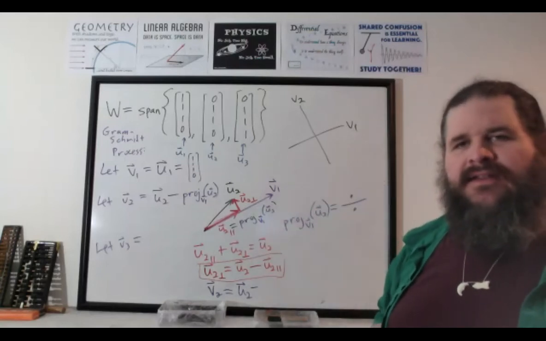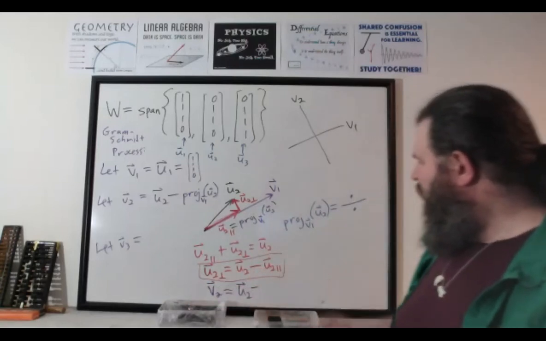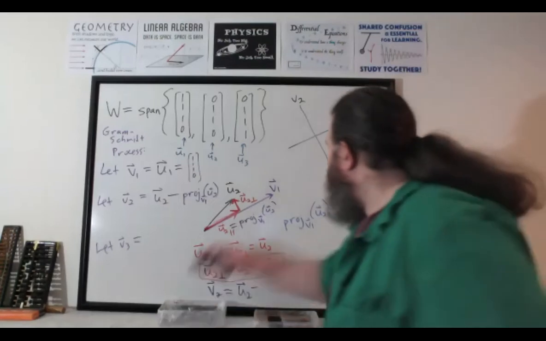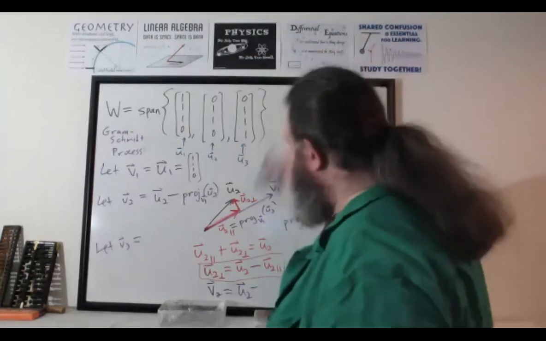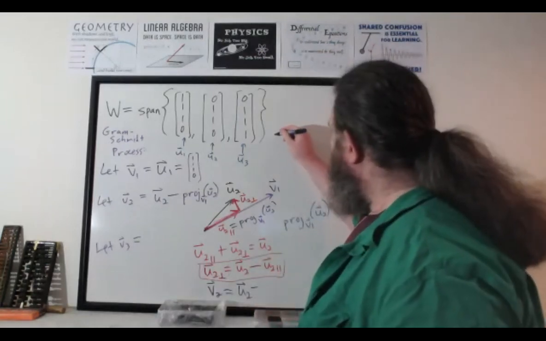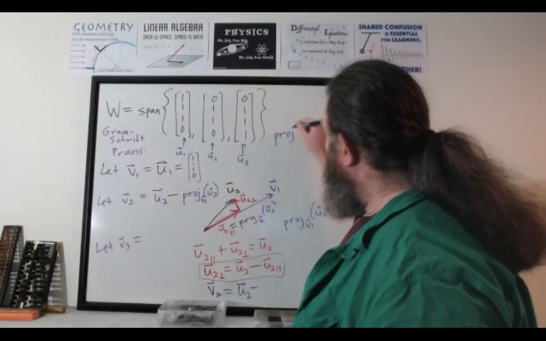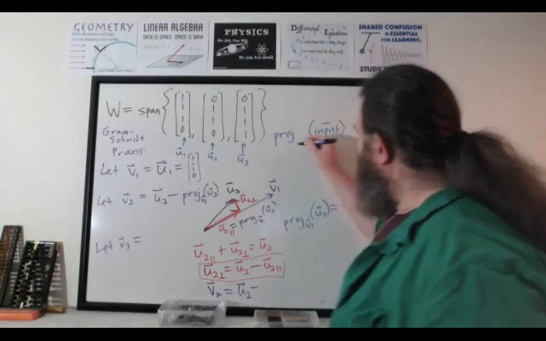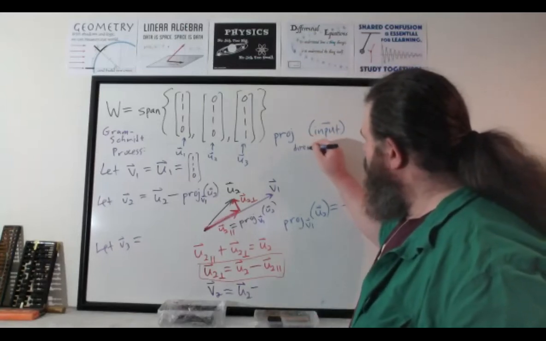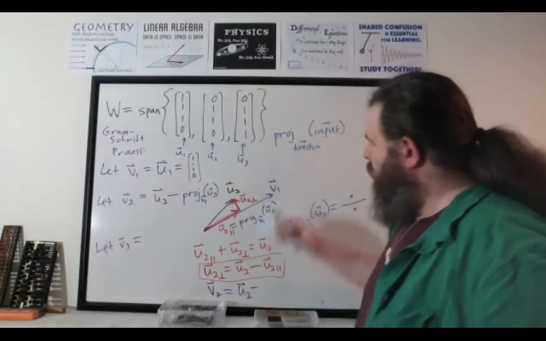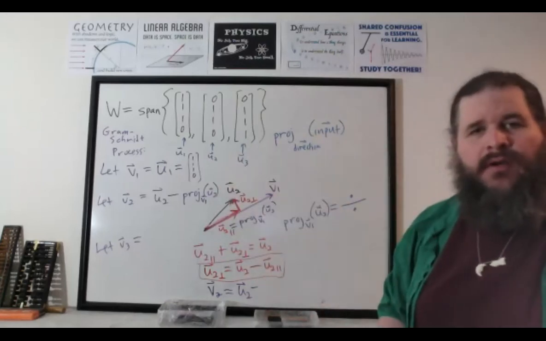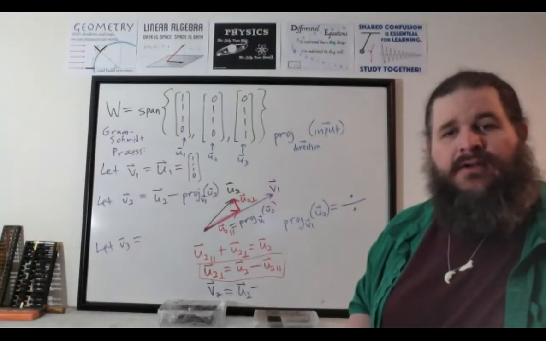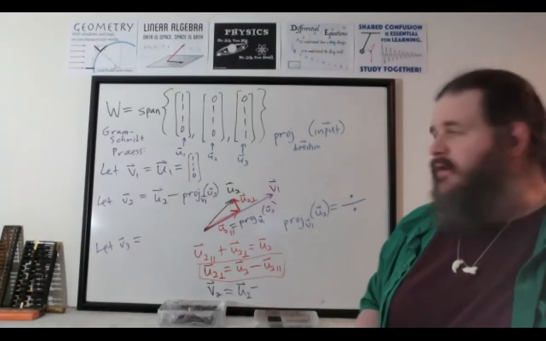Okay. And I find it's easy to get lost in all the A's and B's or U's and V's or whatever the name of the variables are. So I usually think of this in terms of names rather than variables. If you're taking the projection of some input vector onto a direction, because we can think of U2 as an input vector that we're applying some operation to, and V1 can be thought of as the direction we're trying to create, or the direction we're projecting onto.